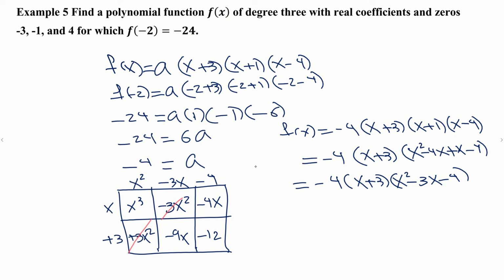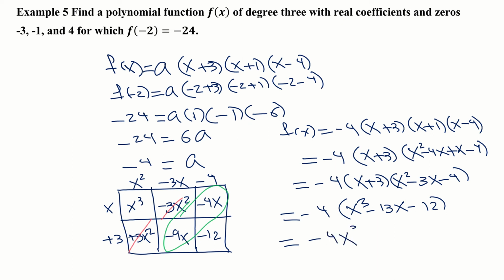So now we get equals negative 4 times x cubed minus 13x. We combine the like terms, right? Those two are like terms. And then minus 12. So now finally we go ahead and multiply the negative 4 into that.